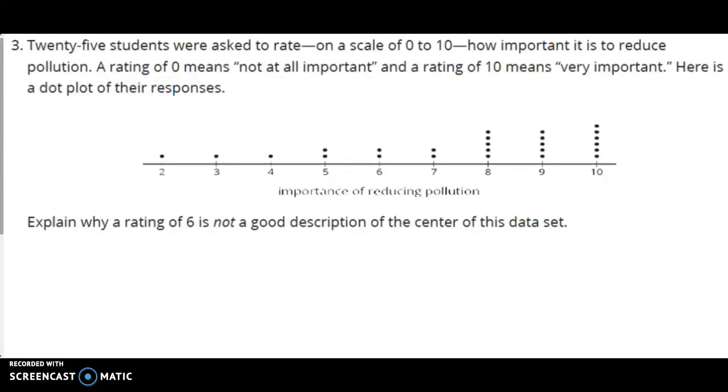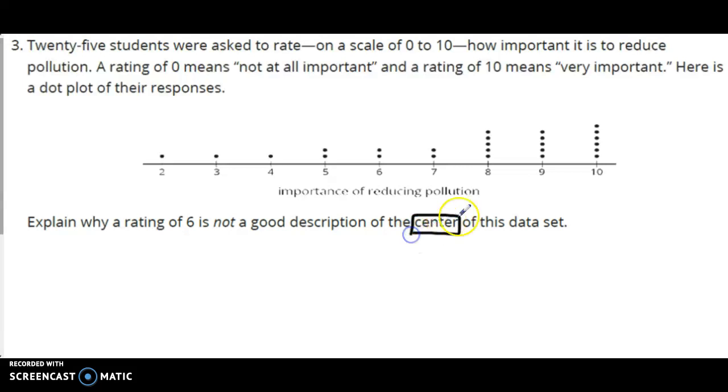25 students were asked to rate on a scale of 0 to 10 how important it is to reduce pollution. A rating of 0 means not at all important, and a rating of 10 means very important. Here is a dot plot of their responses. Explain why a rating of 6 is not a good description of the center of this data set.